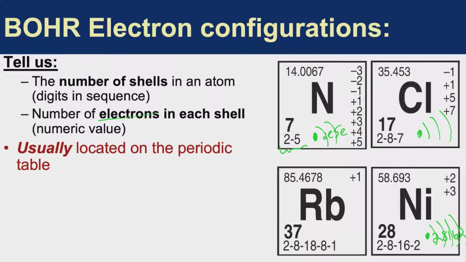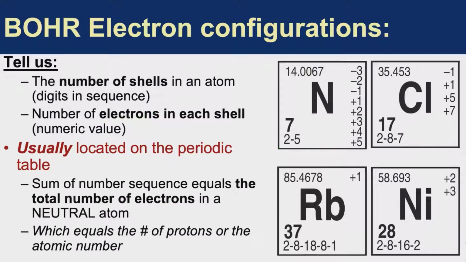So it's a good idea to tuck into your memory banks how many electrons fit in each principal energy level and how they get distributed. That we'll certainly cover in a subsequent video. One of the neat things is that if you do get an electron configuration like this, when you add up the sequence of numbers, that will tell you how many total electrons there are in a neutral atom.